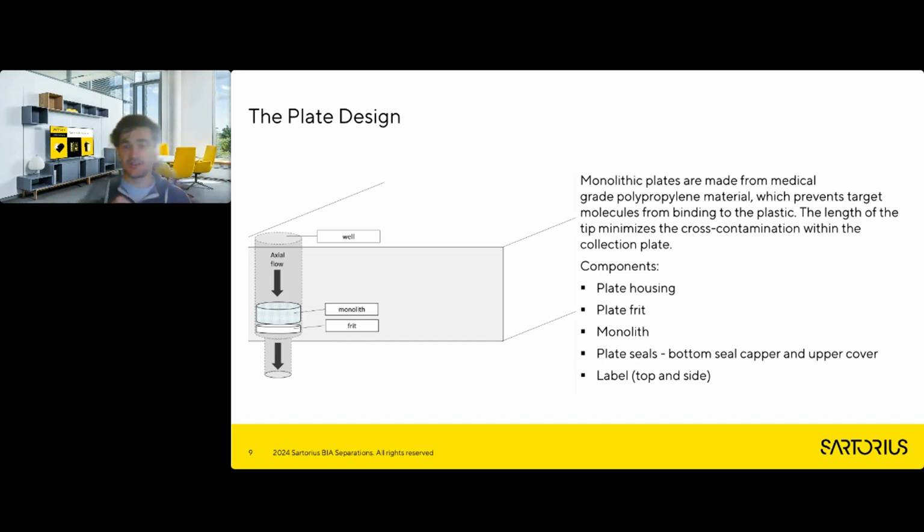Above the tip is the frit that offers support to the monolith, then it's the monolith, and then you have volume for your sample. The plate comes sealed with an aluminum foil, and at the bottom end, it's covered with a seal also.